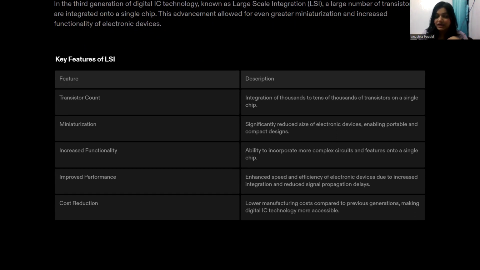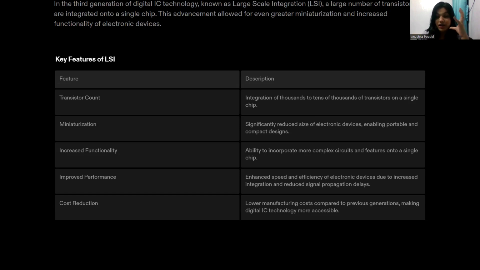Increased functionality: the ability to incorporate more complex circuits and features onto a single chip has increased. Improved performance: enhanced speed and efficiency of electronic devices due to increased integration and reduced signal propagation delays. Here also the power consumption is reduced and power efficiency is increasing.